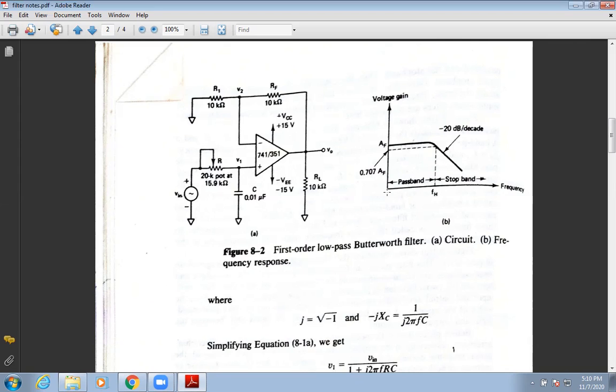The frequency range from 0 Hz to this high cutoff frequency is known as the pass band, and the frequency range beyond which the frequency attenuates is known as the stop band.